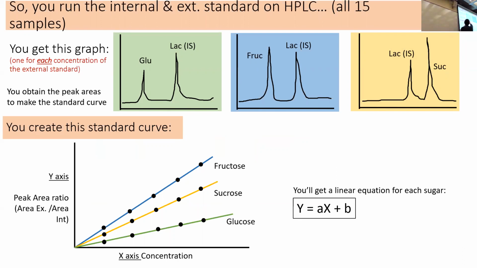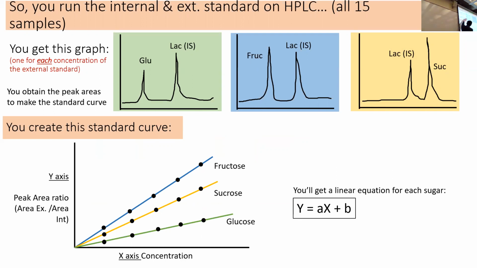Okay. And then you run your standards. You run glucose standard, fructose standard, sorry, not lactose, sucrose standard. And in each of these standards, you have the same lactose amount, same area, but different responses. Even if it's the same concentration, you have different responses of the different compounds. So you take the area here, and that area over this area is what you would plot.